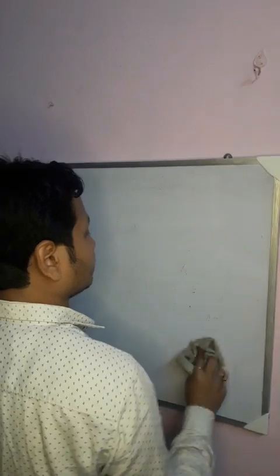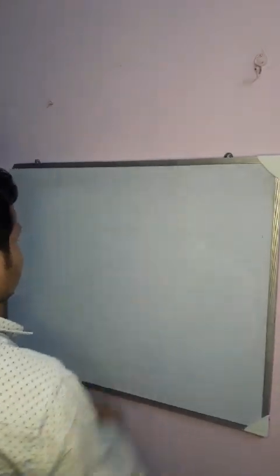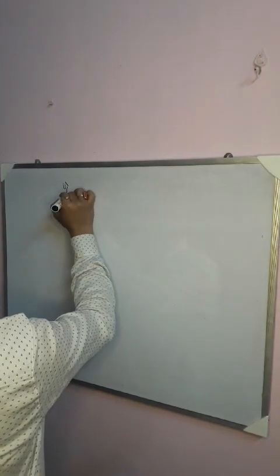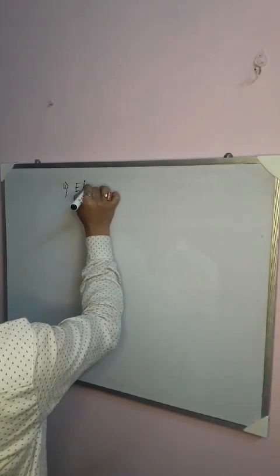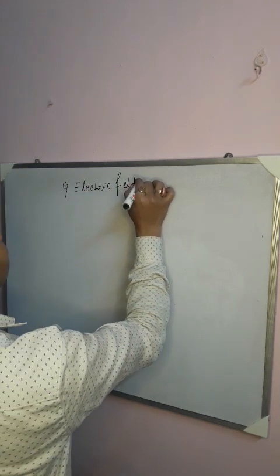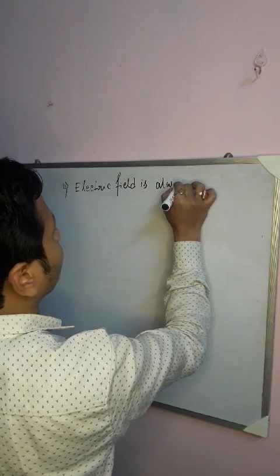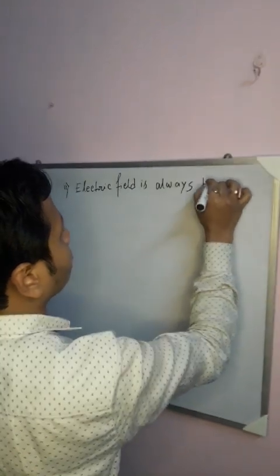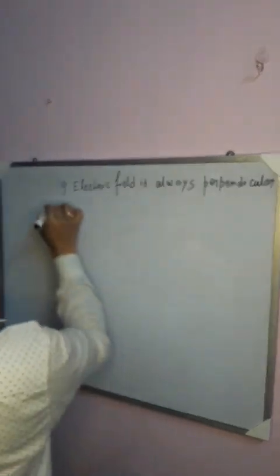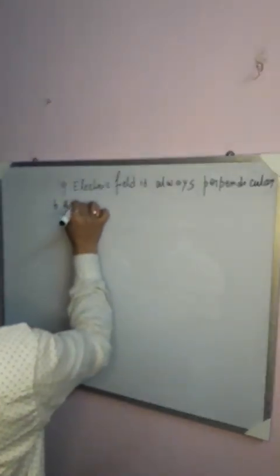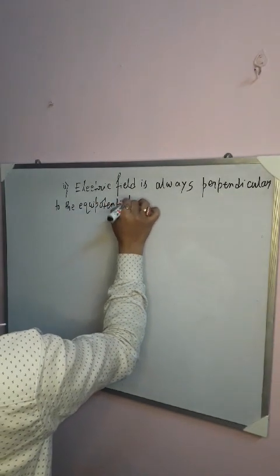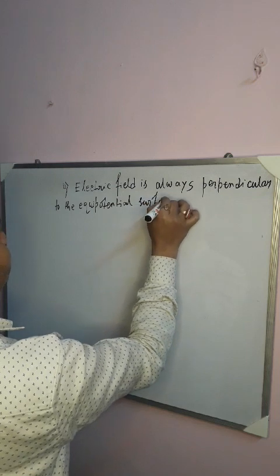Now what is the second property of equipotential surface? The second property is that the electric field is always perpendicular to the equipotential surface.